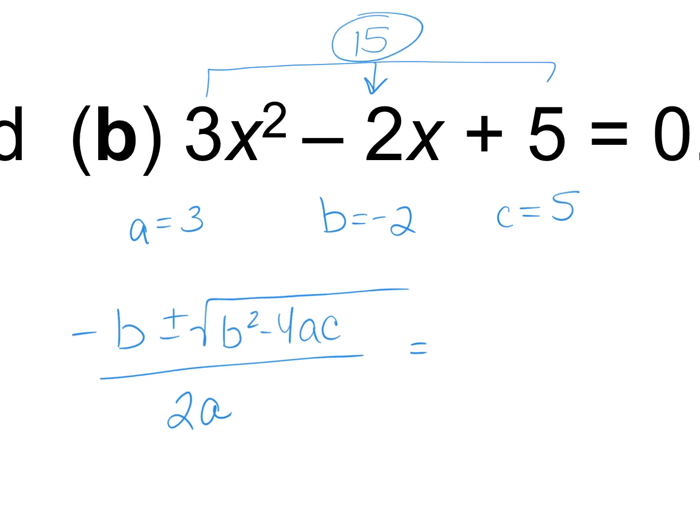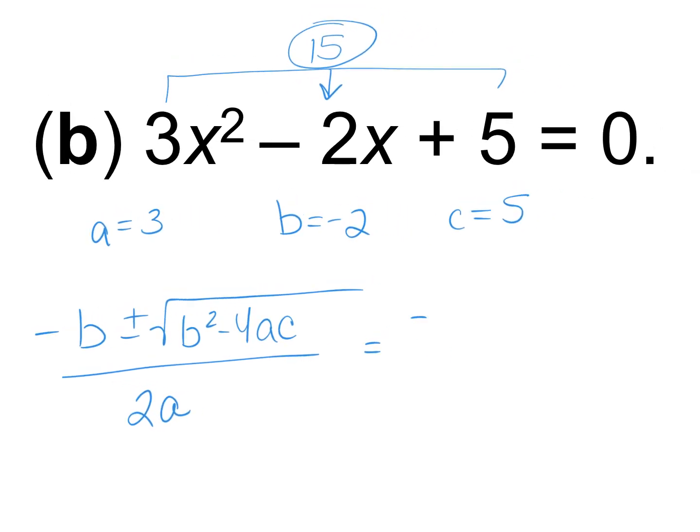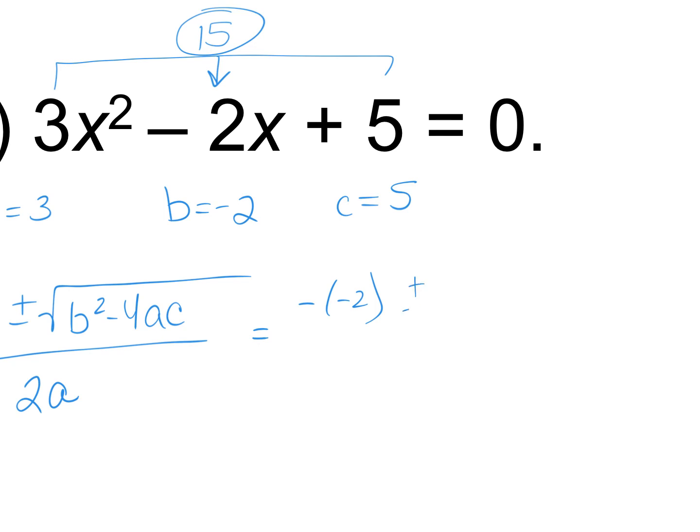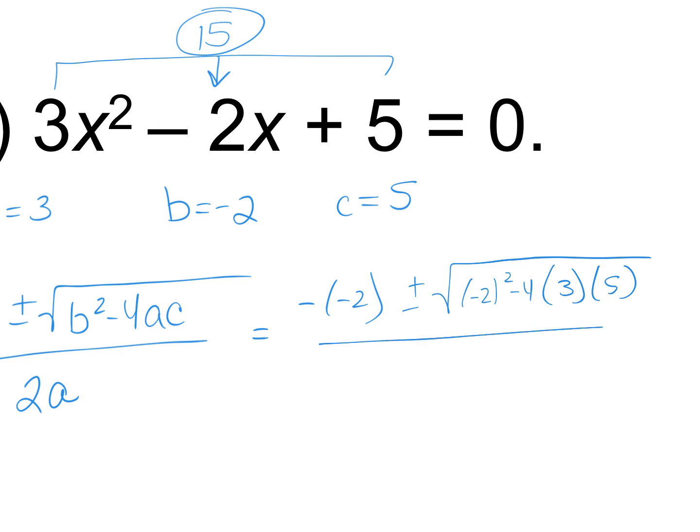But if we go to plug these in, I have -2. I understand that that's a positive. I would just take a second to make sure all your signs are correct in your formula so you don't make any silly mistakes. But I have b squared, so -2 squared minus 4 times a is 3, c is 5, and divide that by 2 times 3.